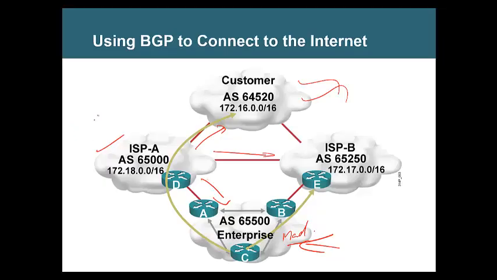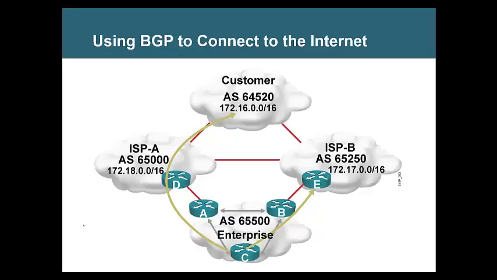It is not only connecting to the enterprise down here, it is also connecting to ISP B, so that if this connection goes down, ISP A can forward the packet via ISP B. So what I'm trying to say is, wherever you have many autonomous systems and multi-homing, BGP will be there. BGP will always be there.